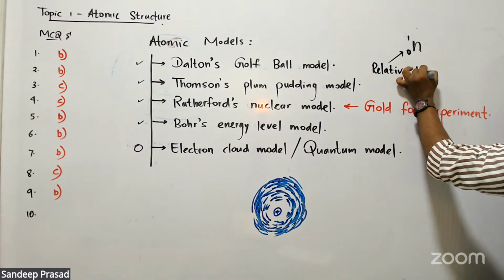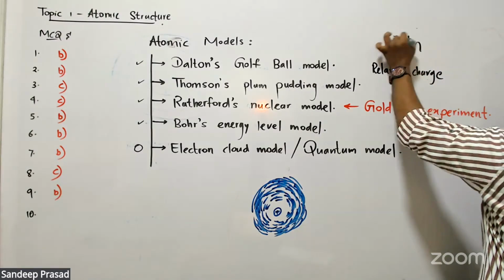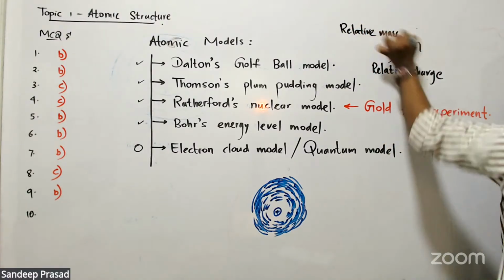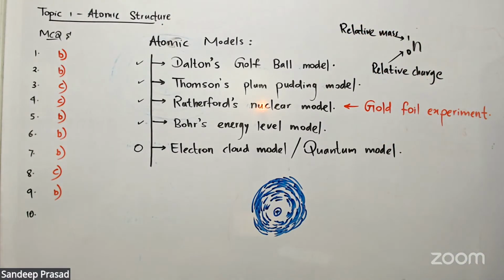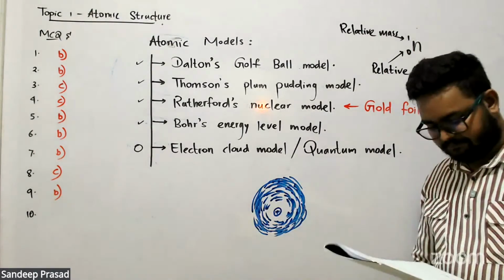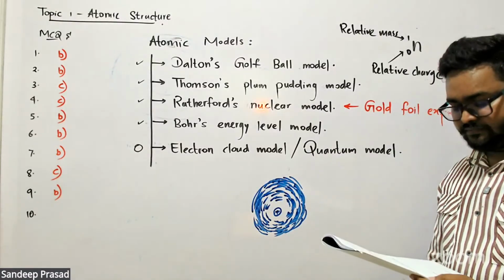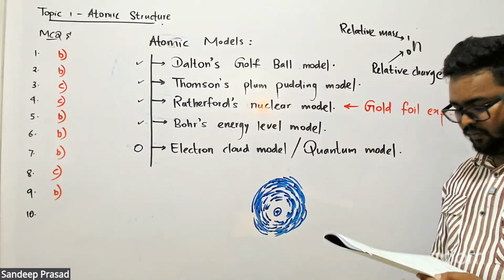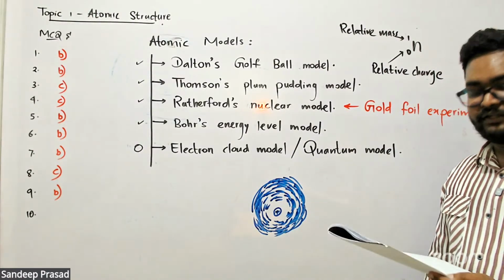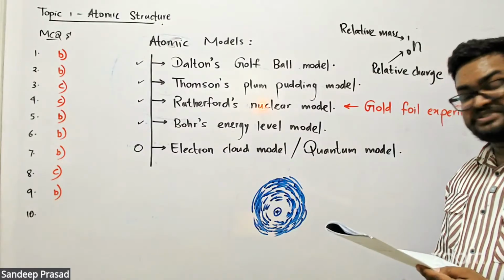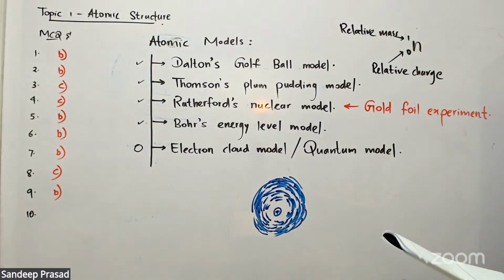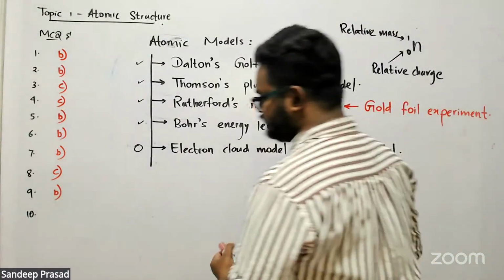This is the relative charge of the neutron, and this is the relative mass of the neutron. So therefore, neutrons have no charge. They are positively charged? No. They orbit the nucleus? No, electrons are orbiting the nucleus. They have mass number 0? No, no, no. Relative charge is 0, not the relative mass. Question number 10. Answer is A.